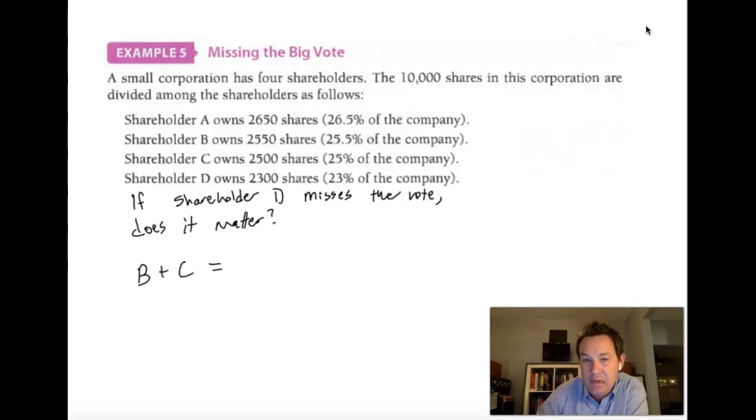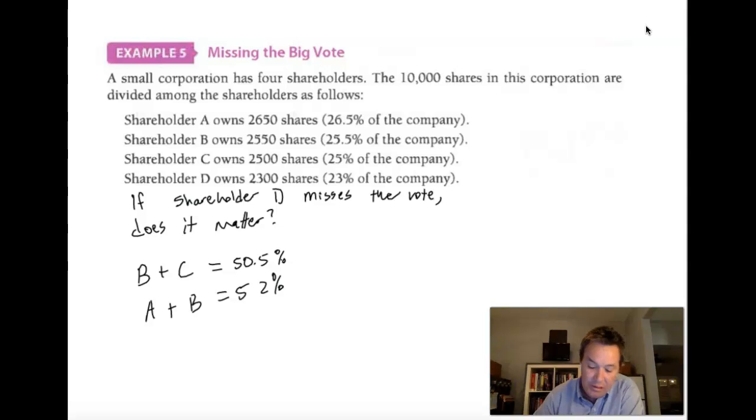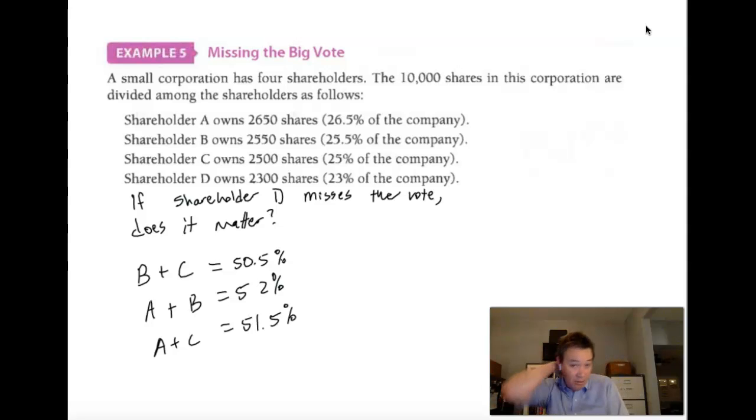So B and C make up 50.5%. That's a majority. A and B make up 26.5 plus 25.5, 52%. That's a majority. A and C make up 26.5 plus 25, which is 51.5%, still a majority.